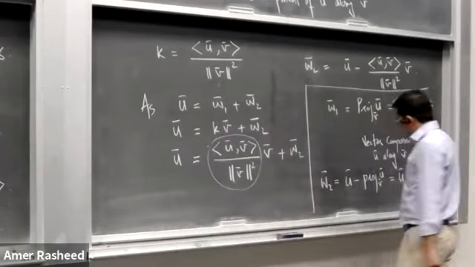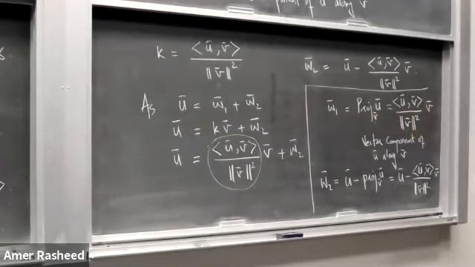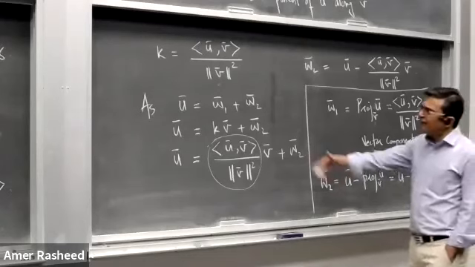Sir, are the equations always standard, or will they keep differing with different things? Kindly speak a bit loud. Will these equations always be standard, or with different vectors will we have different equations for W1 and W2? No, these are standard.